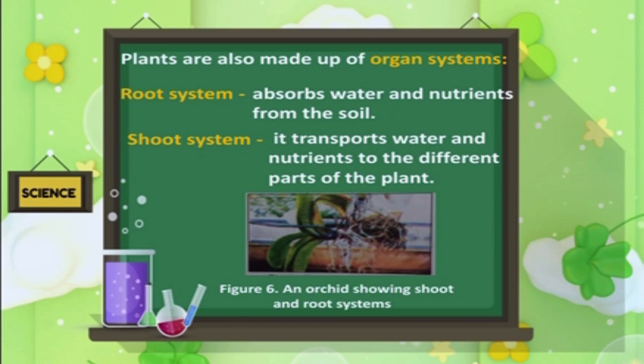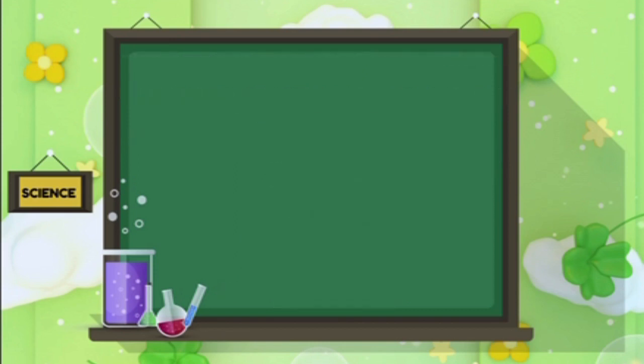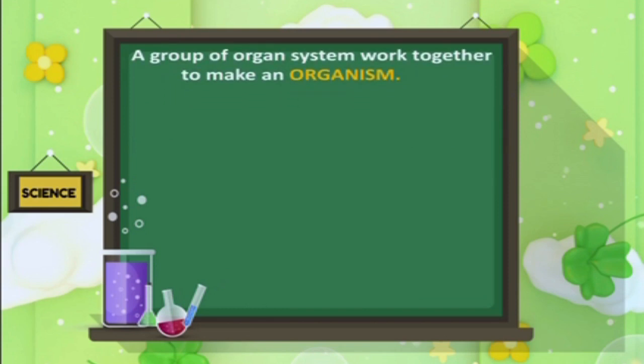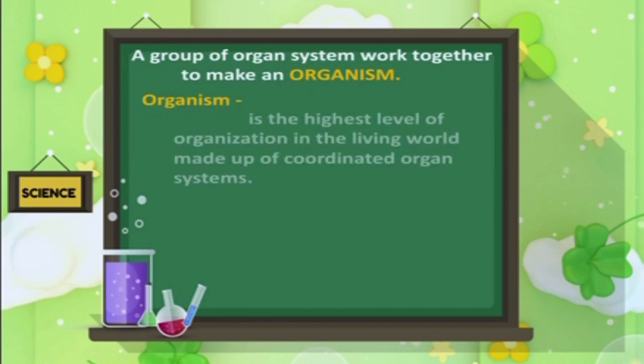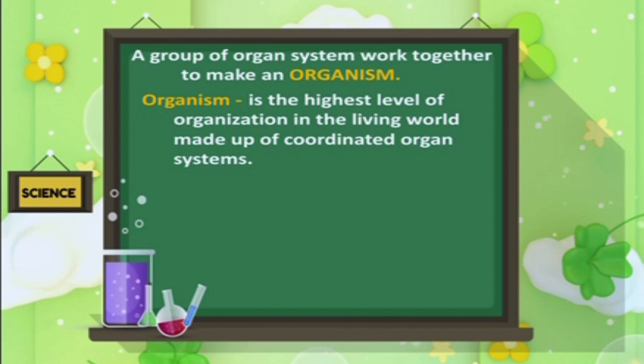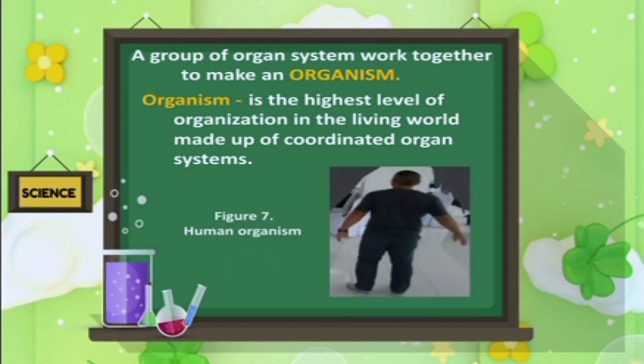A group of organ systems work together to make an organism. Organism is the highest level of organization in the living world, made up of coordinated organ systems. The circulatory system, digestive system, excretory system, skeletal system, and other systems work together to make an organism. Figure 7 below is a human organism.